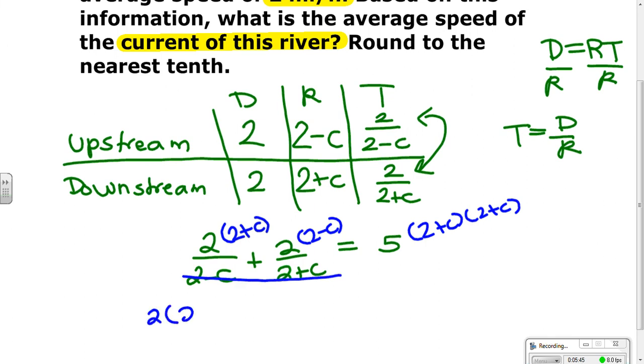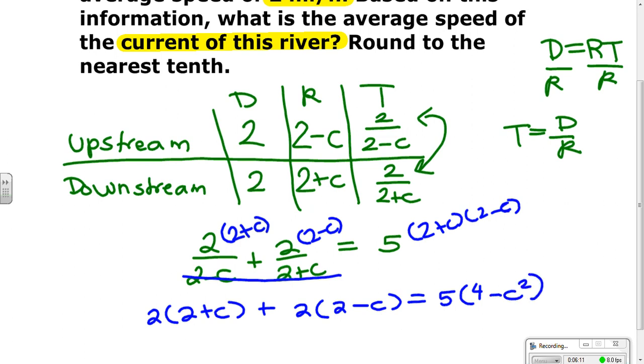So it's going to be 2 plus c plus 2 minus c equals 5, and I'm going to go ahead and FOIL this, so it's going to be 4, and one of these should have been a minus. So the outside and inside are going to cancel because they're going to be opposites. It's going to be minus c squared.